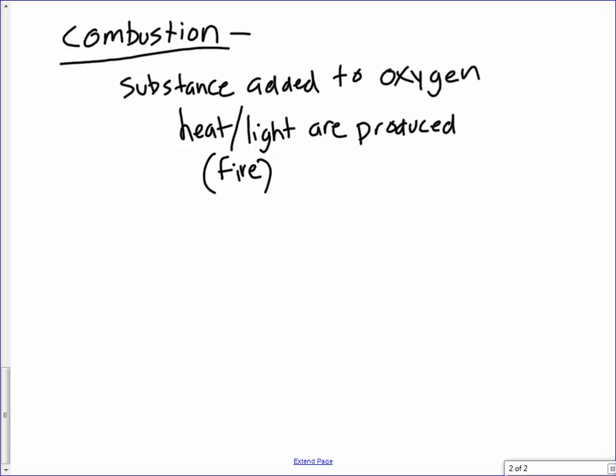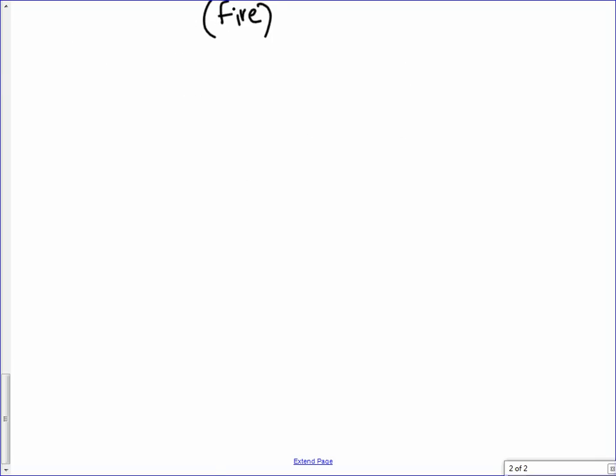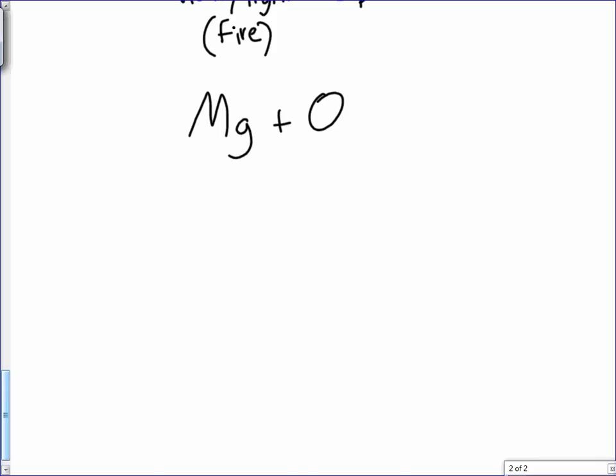So, we'll do a few examples of combustion. Let's say we have magnesium and oxygen. Notice this looks a lot like synthesis because you have 2 different elements being added together. And technically, this one would fall under the guidelines of synthesis, which is why I told you earlier there are a few different classifications of reactions.